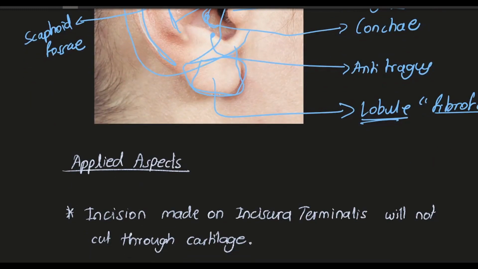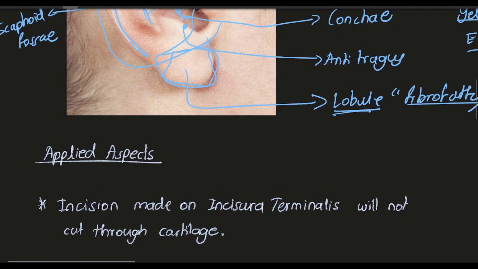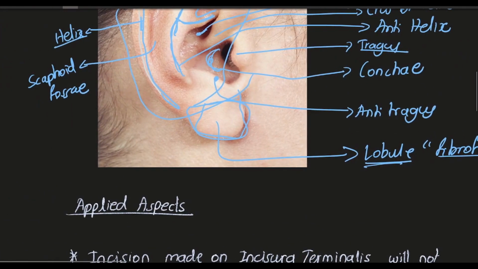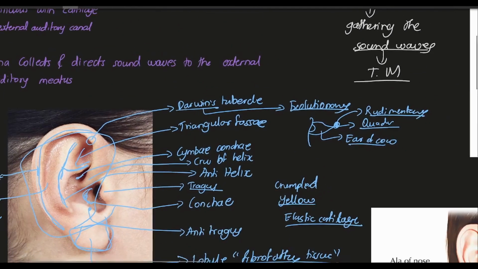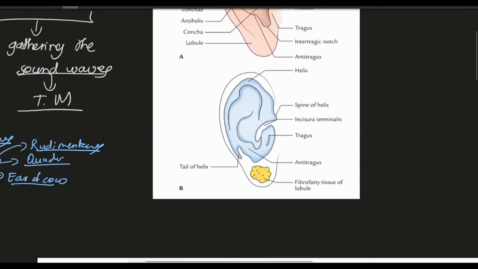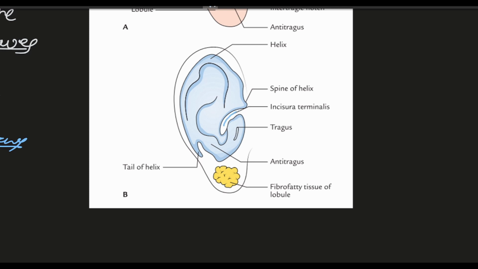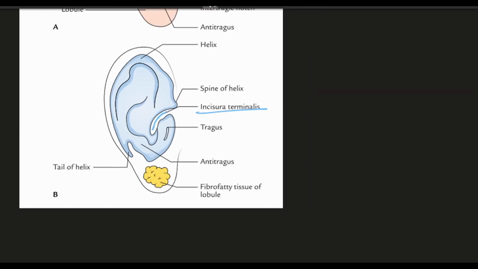Now some applied aspects. As you know, there is a cartilaginous part. In that cartilaginous part, there is one gap called the incisura terminalis. So when there is a gap and no cartilage, we can use it for surgery.